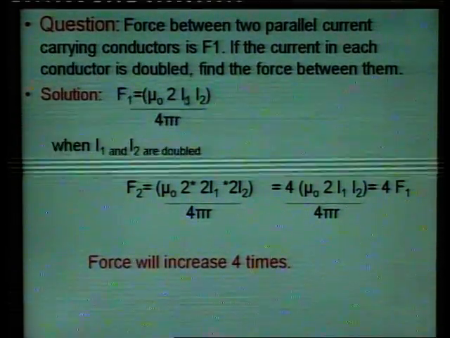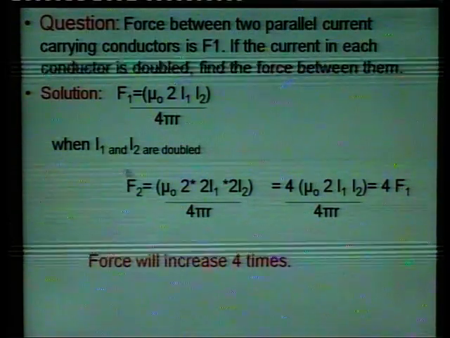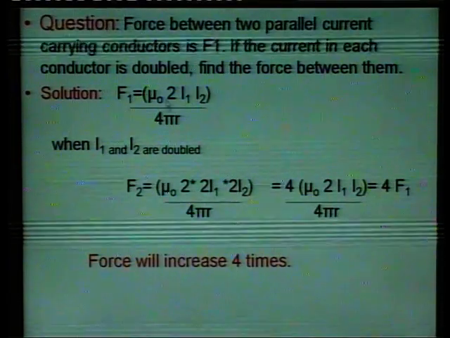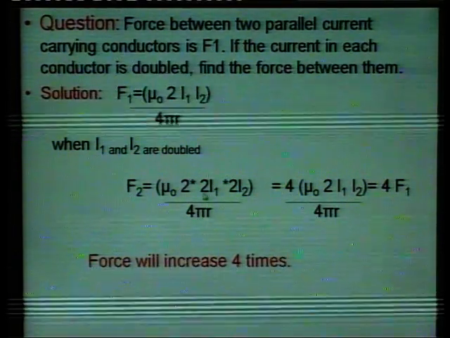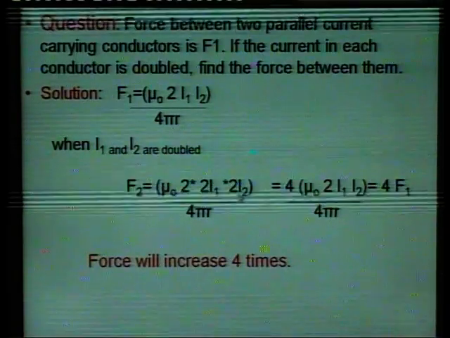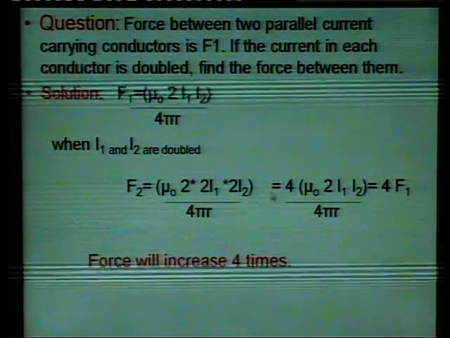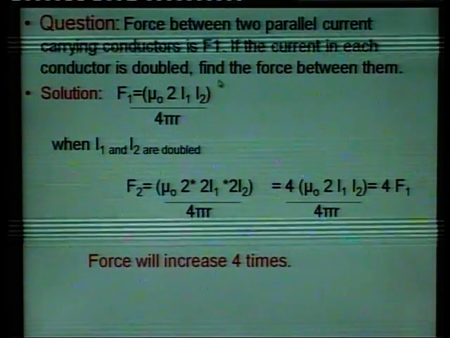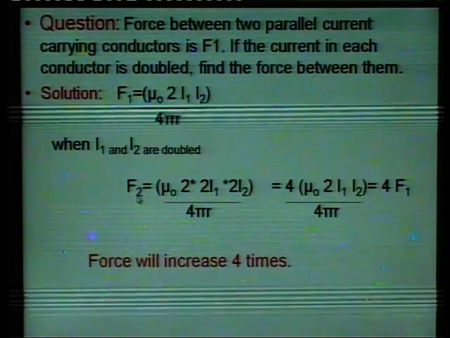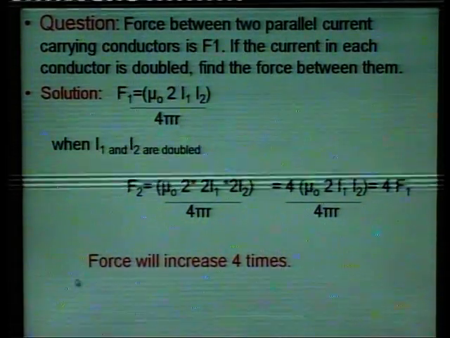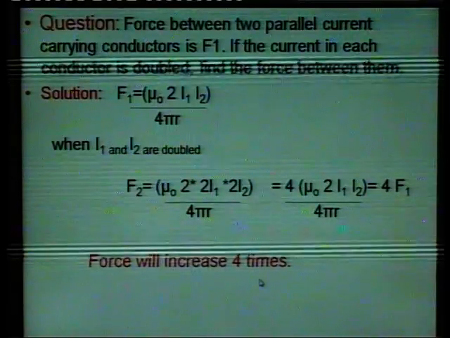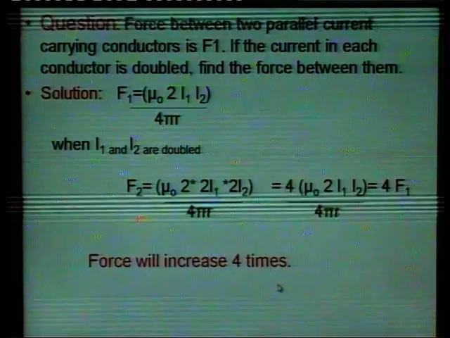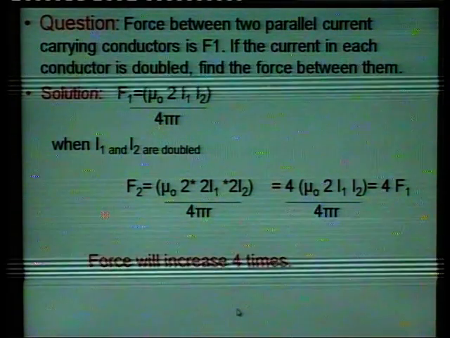So we substitute 2 I1 and 2 I2 and write F2 as mu naught 2 times 2 I1 times 2 I2 upon 4 pi r. So now we get 4 and the remaining thing is the same as F1. So F2 is 4 times F1. The force will increase 4 times. That is, if the current is doubled in the conductors, the force will increase 4 times.